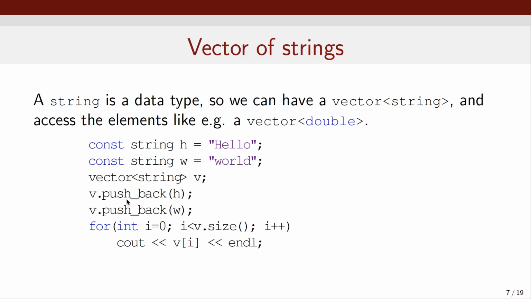Here we can do it using the push_back command that we discussed earlier. So this v.push_back h will add the first string to the vector v as the first element, and this second command v.push_back w will add another element, the next word, to the vector, and then we can print out each element to the screen by using the cout command inside a for loop. So for i equals 0, we'll get the first element, which is hello, and for i equals 1, we'll get the second element, which is world.